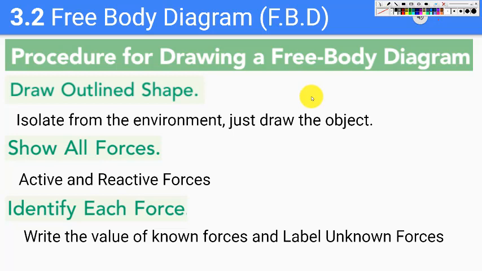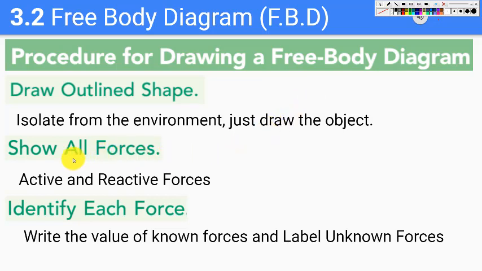That means that we isolate whatever the shape is from the rest of the environment. For example, if we are trying to draw the free body diagram of a block, we would just draw the outline of the block and we would not draw anything else which is connected to that block.